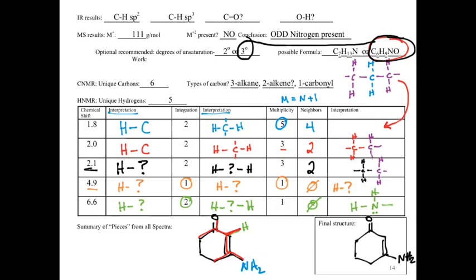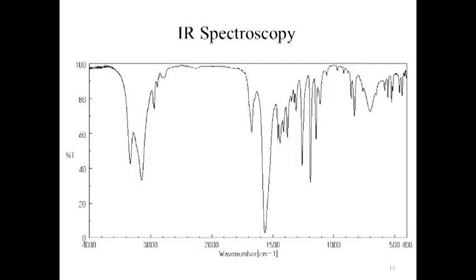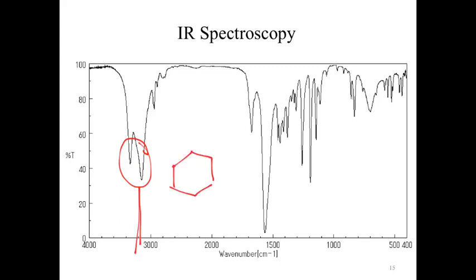Okay? If we go all the way back to our IR, what was going on up here, in that high range, is that we had a signal that looked like an NH. You know, nice two peaks there, relatively broad, but we didn't get a very high chemical shift. Well, why not? What happens when we put that nitrogen next to that double bond?